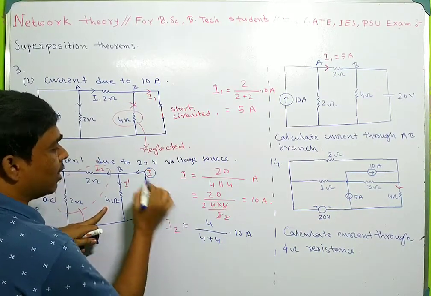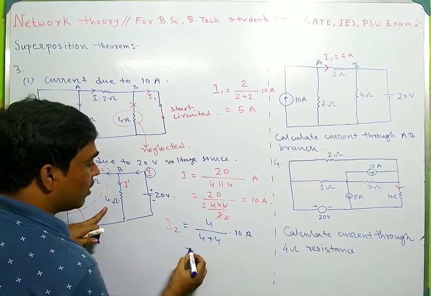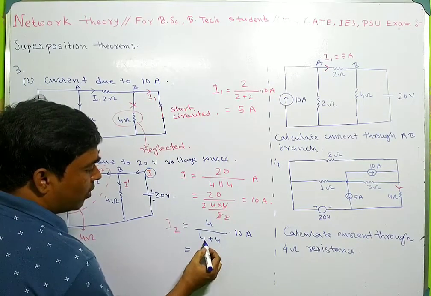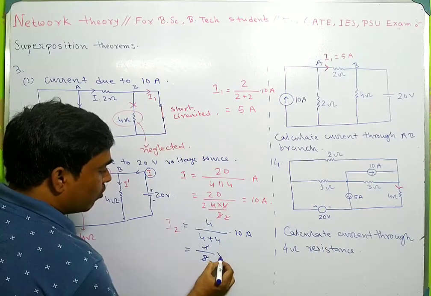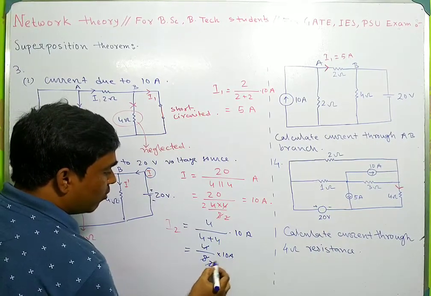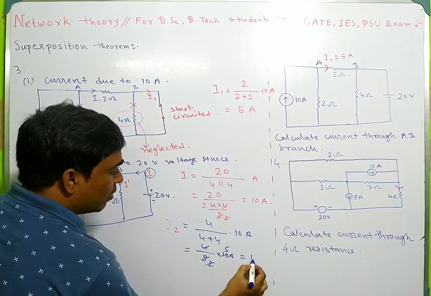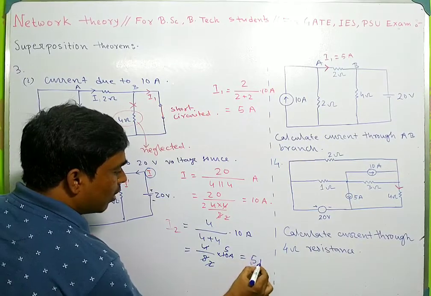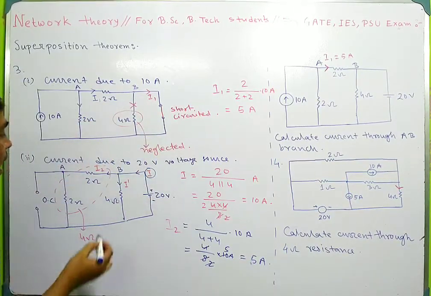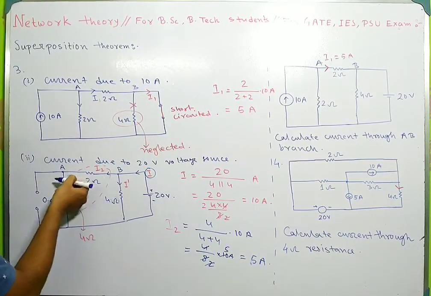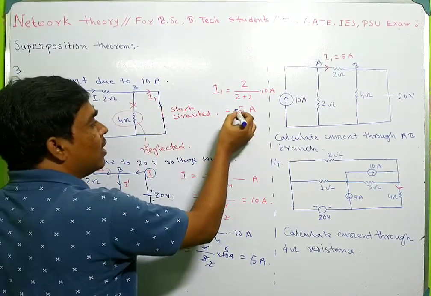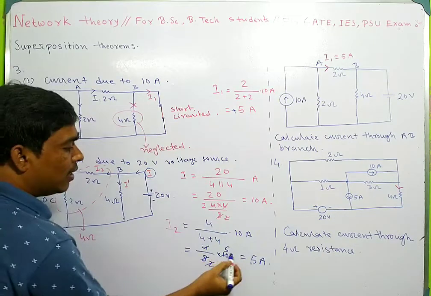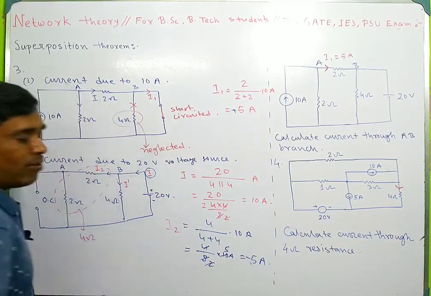So 4 divided by 8 is half, into 10 ampere, so this is 5 ampere. The direction of this current is along this direction. Here the current is along this direction, so if you take this as positive, then it must be negative.